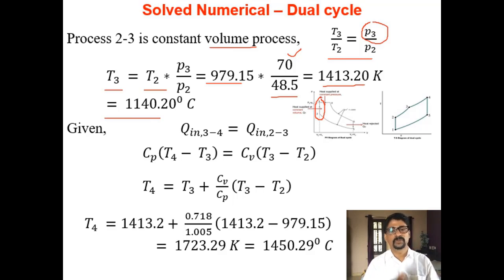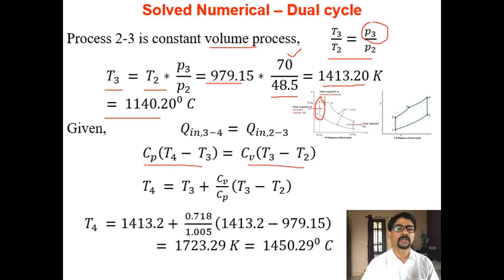Now to proceed to the next point, that is point 4. Since nothing is given at point 4, but indirectly he has given a hint, that Q in 3 to 4 is equal to Q in 2 to 3. I hope you remember, you noted it in the given data. The heat addition at constant pressure, that is 3 to 4, is equal to the heat addition at constant volume. So Cp into T4 minus T3 is equal to Cv into T3 minus T2.